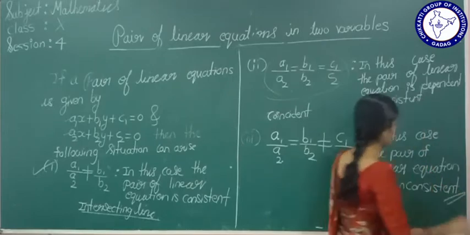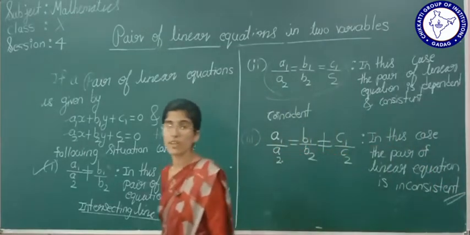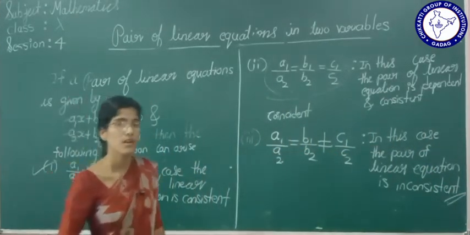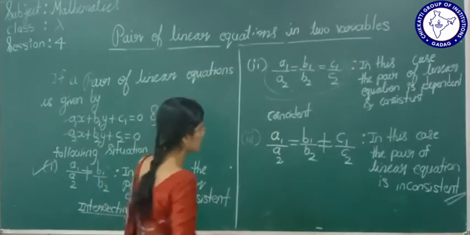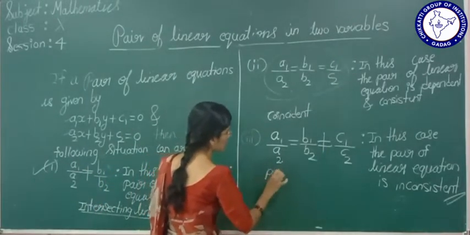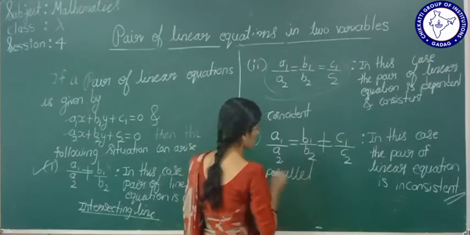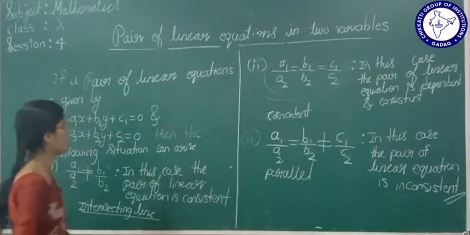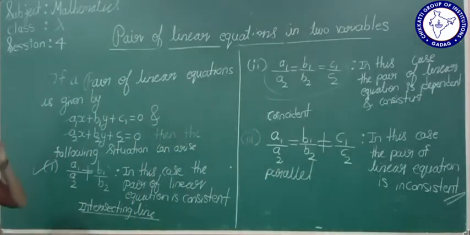When the pair of linear equations is inconsistent, the lines are parallel. Here the lines are going to be parallel.